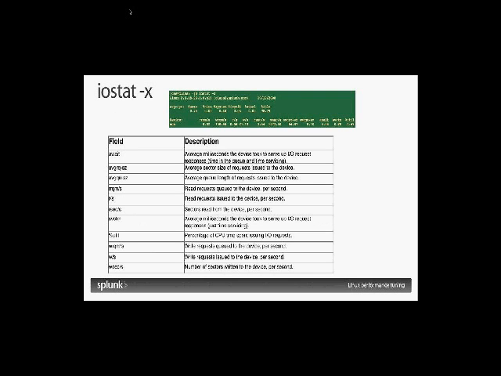iostat with the -x flag, to me, is the most useful version of that program. It gives you information like how long it took for your device to serve up the I/O request responses. So how long did it take to write to the drive?